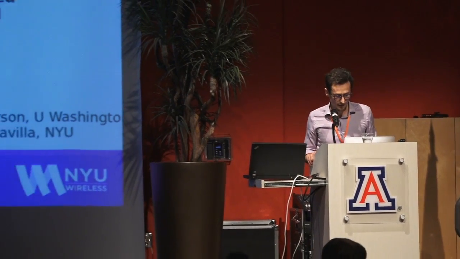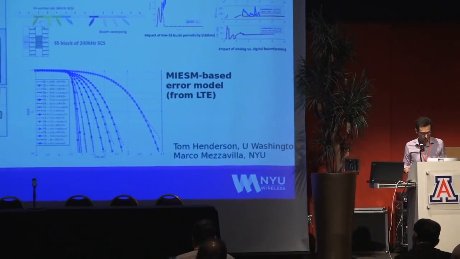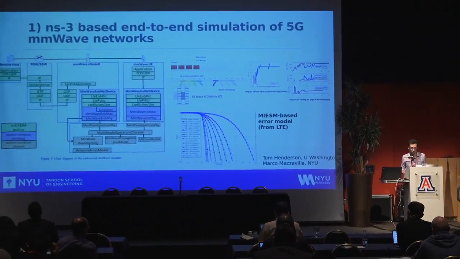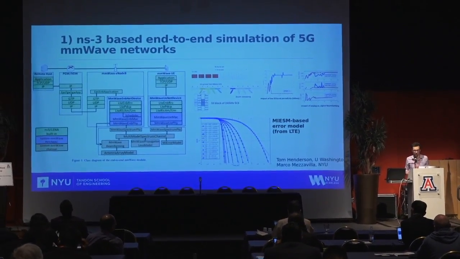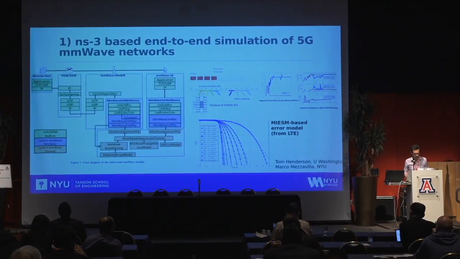Is this valid? And finally, we are asking ourselves and trying to find ways to parallelize or otherwise optimize 5G wireless NS3 simulations for faster runtimes. So these are a set of questions that were brought up during this first part of the discussion.